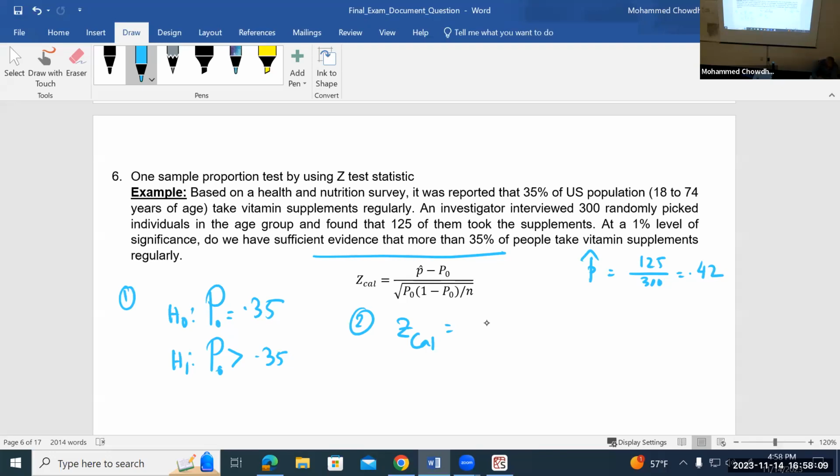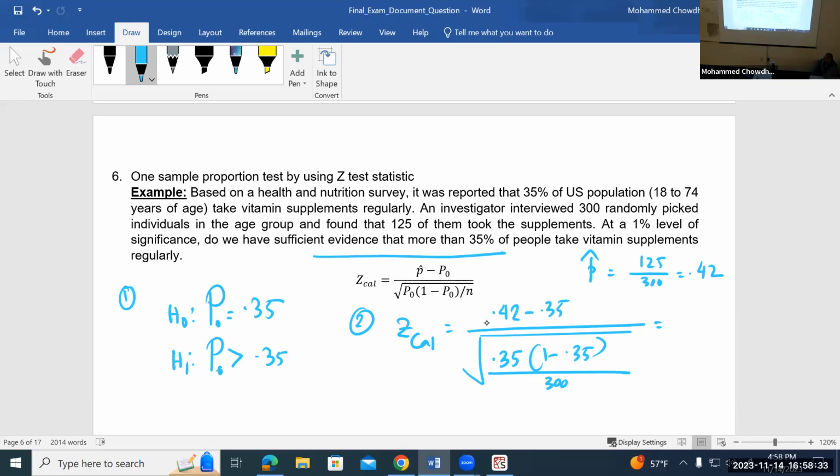So now let us plug the values in here. 0.42 minus 0.35, divided by the square root of 0.35 times 1 minus 0.35 over 300. Can anyone of you tell me what this value is?